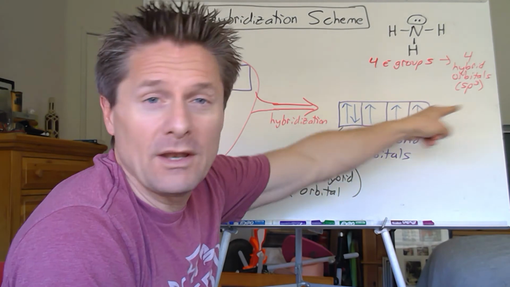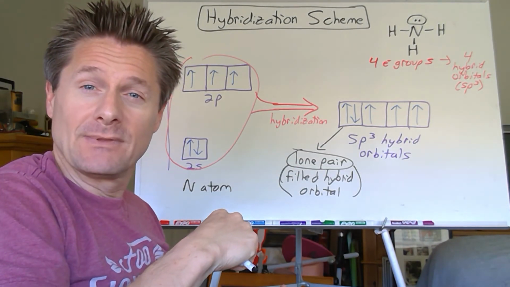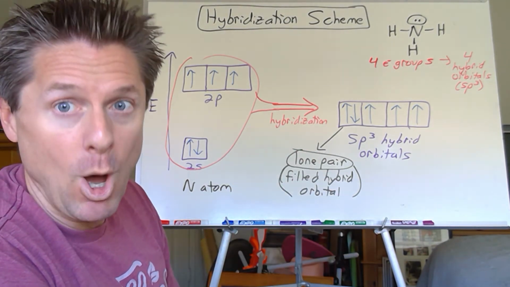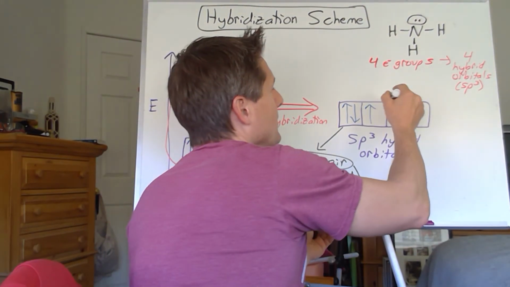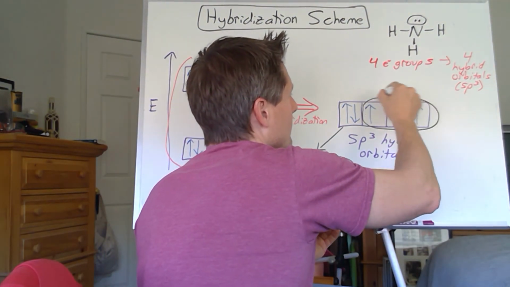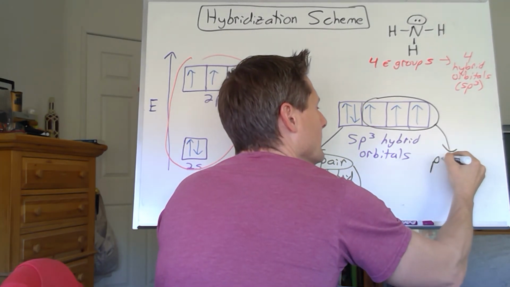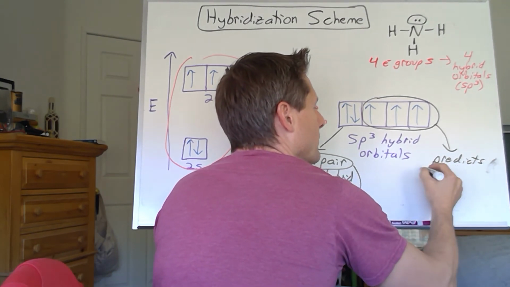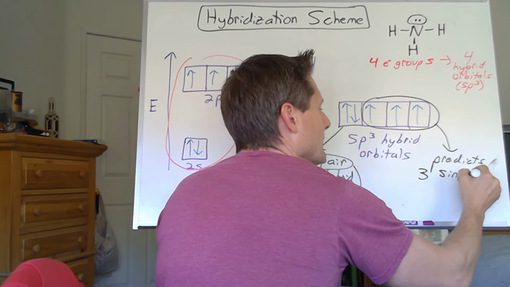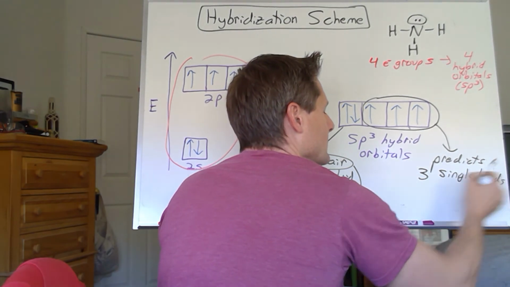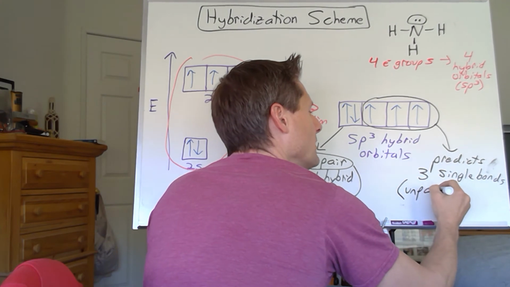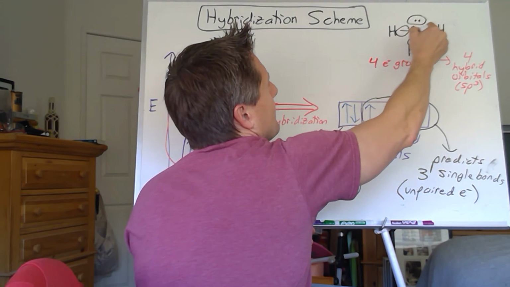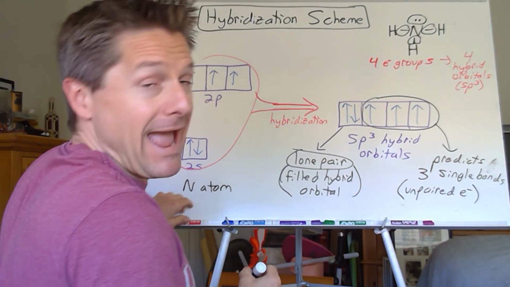If you see 1 electron in there, it wants another one, okay? So that's going to relate to a single bond. I'm going to show you that's called a sigma bond in a little bit. But if you see a single electron in there, that predicts 3 single bonds, right? If you have an unpaired electron. So single bond, single bond, single bond. So that is a match, right?